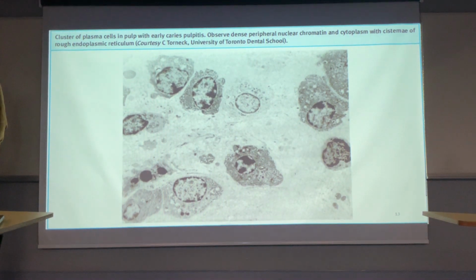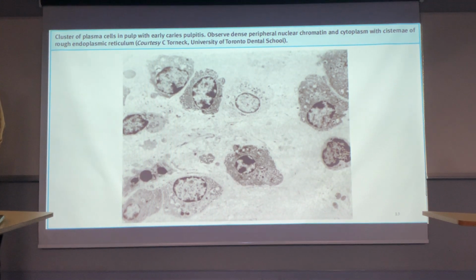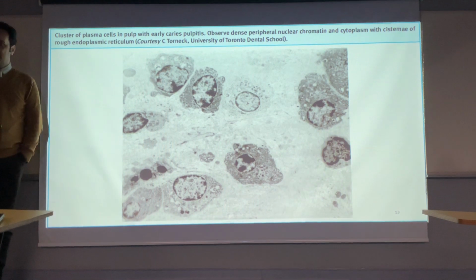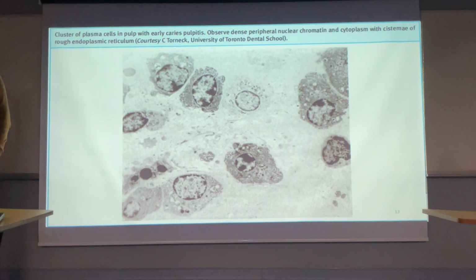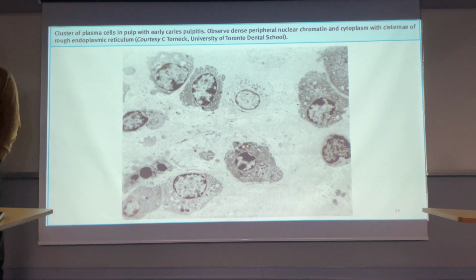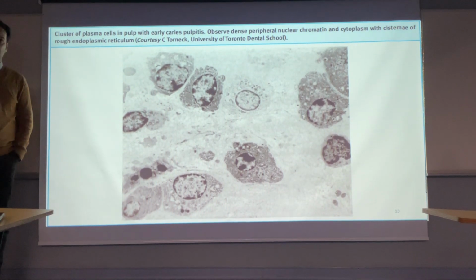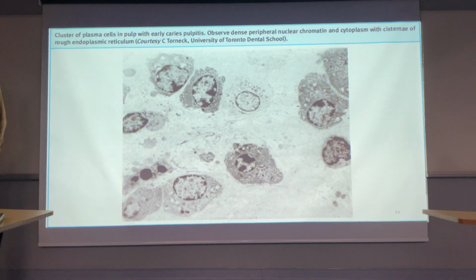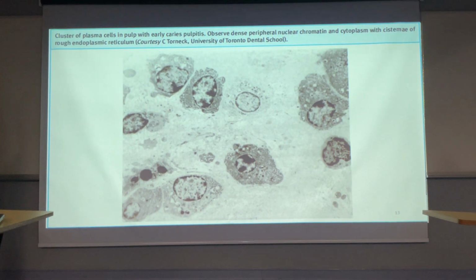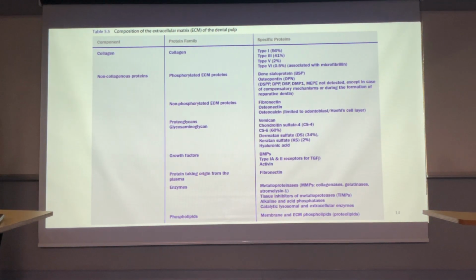Plasma cells are actually our activated B lymphocytes. B lymphocytes, after activation, change into plasma cells and start to produce the immunoglobulins. Different types of immunoglobulins have a role in the immune response against special antigens. And here you can see our plasma cells.